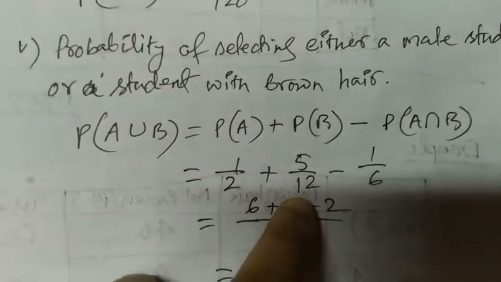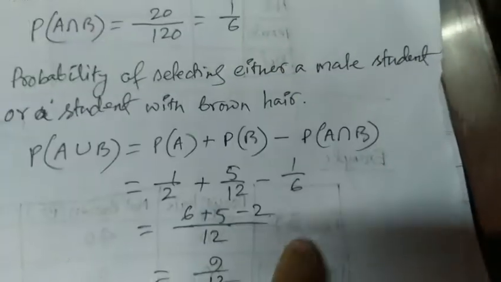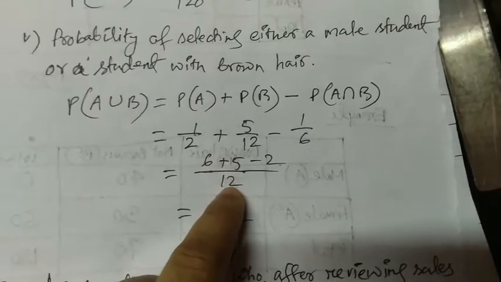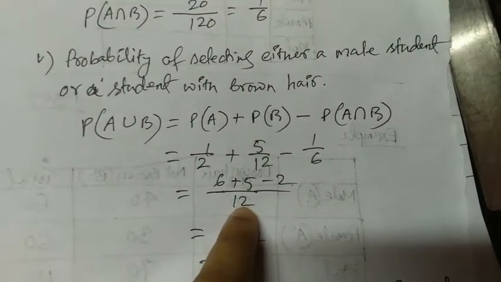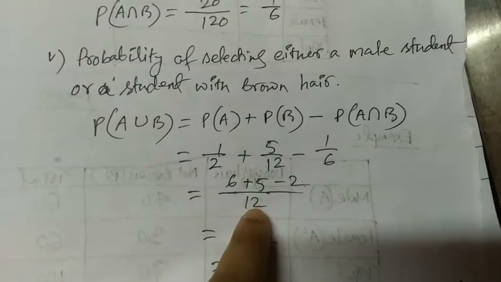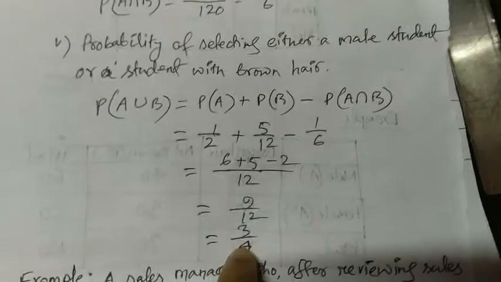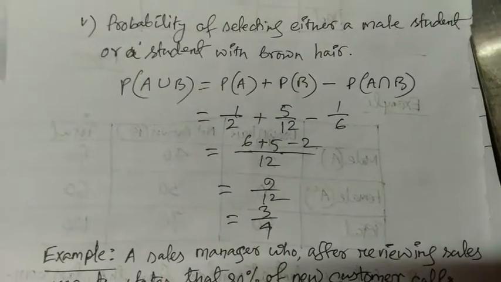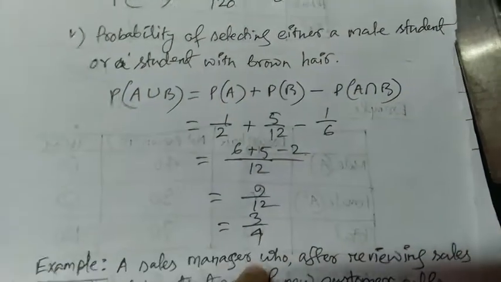Probability of B is 5 by 12. And probability of A intersection B is 1/6. So if you deduct, you can see the LCM. LCM means in Bengali we call it Loshagu. So LCM, least common multiple, is 12 among these. So if you solve it, the answer is 3 by 4. So that means probability of A union B is 3 by 4.